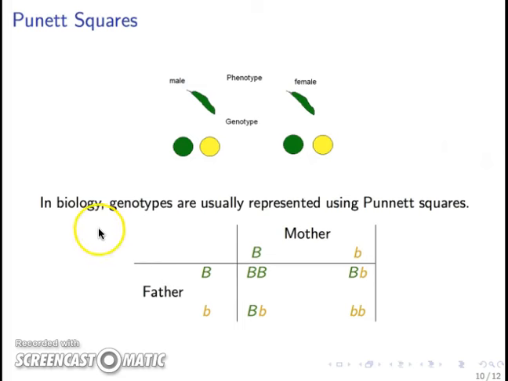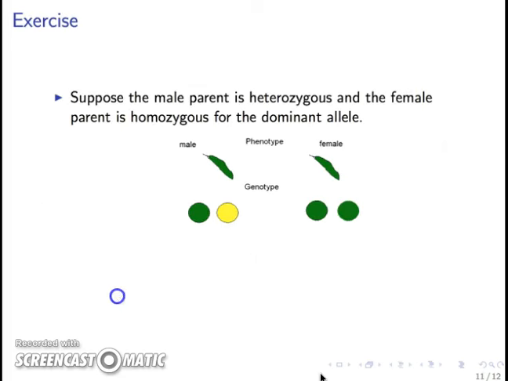It's another common tool. And we end here with 2 exercises left for you. So suppose we have a male parent that is heterozygous and a female parent that is homozygous for the dominant allele.